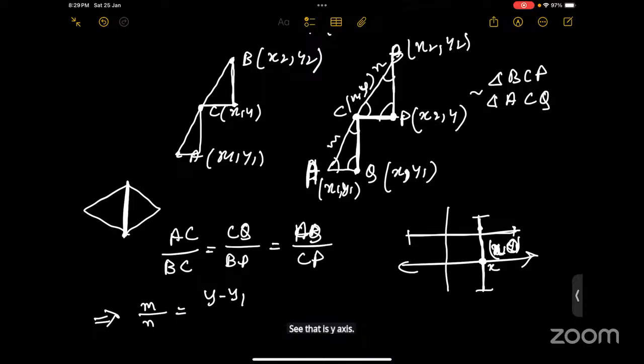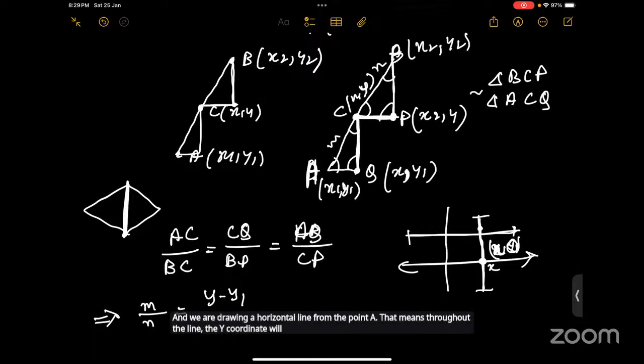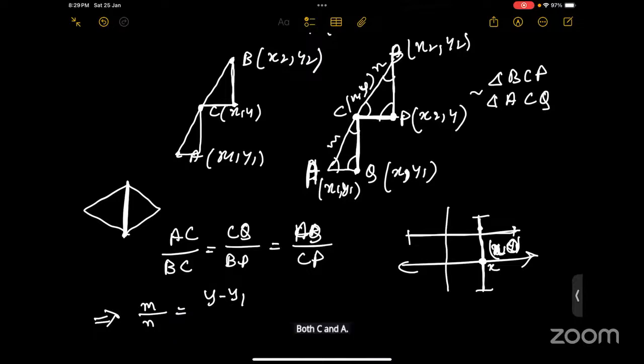And we are drawing a horizontal line from the point A, which means throughout the line, the y coordinate will remain the same. And Q is the intersection of this horizontal line and the vertical line, right? So the x coordinate we will take from C, and the y coordinate we will take from the point A. Is it clear?